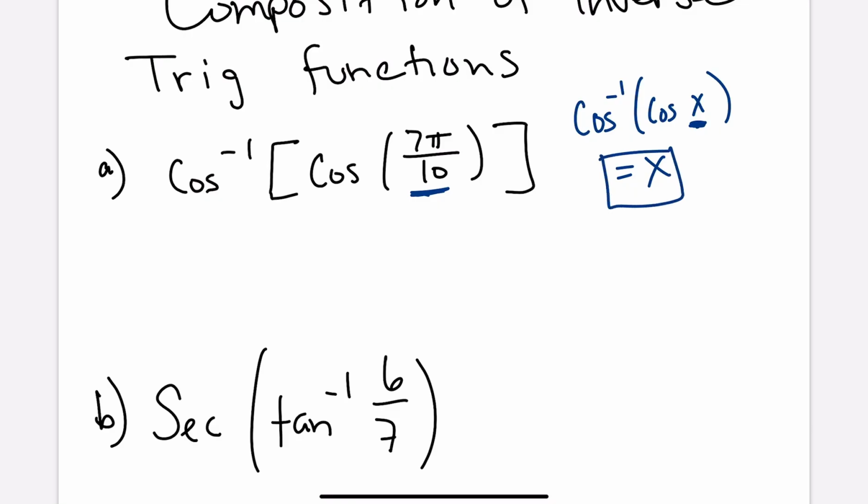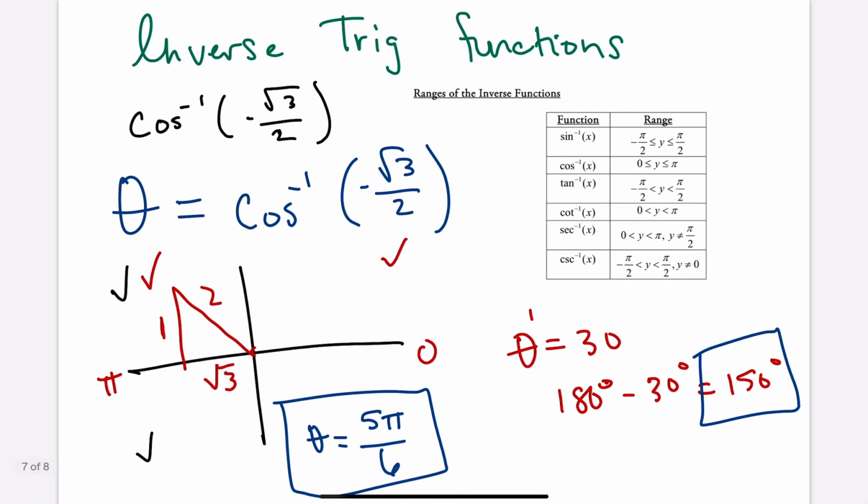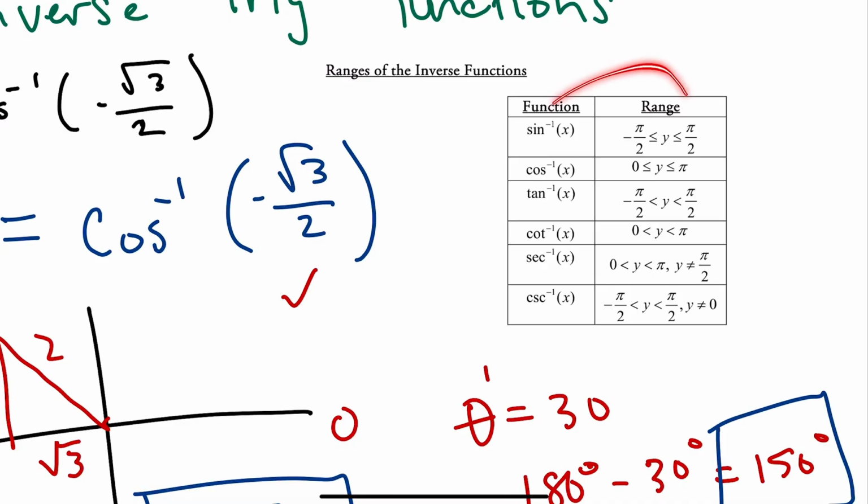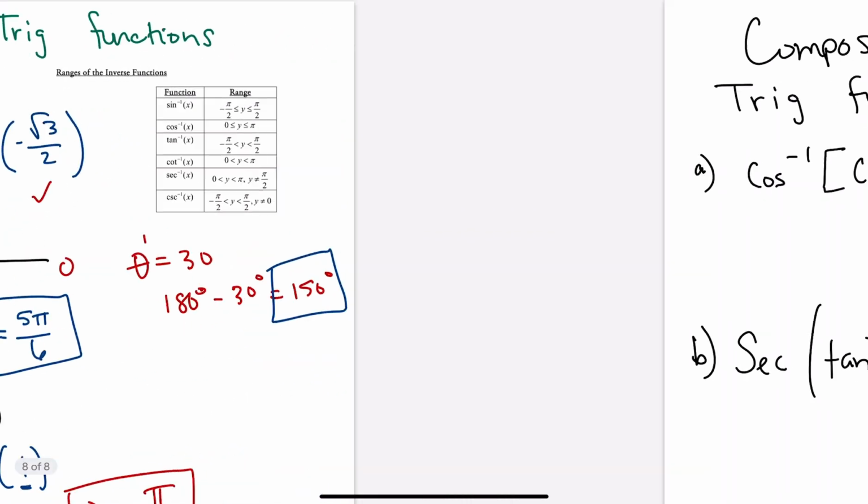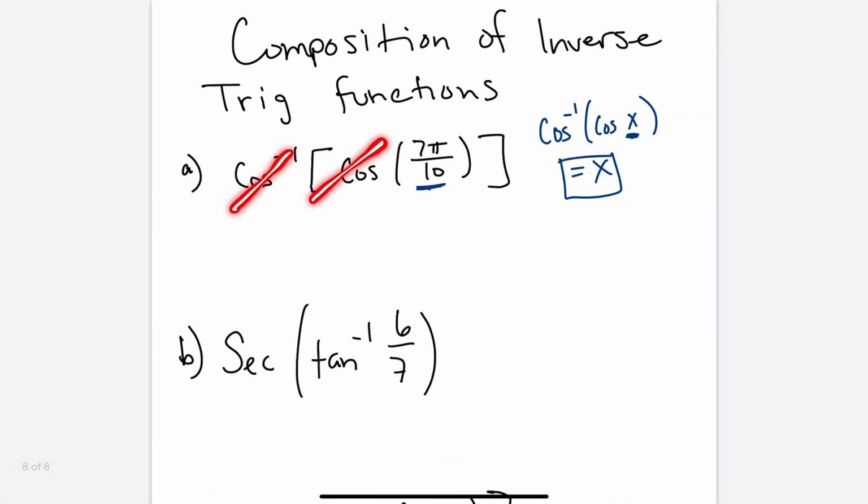And so you're saying, okay, my answer is 7 pi over 10. Well, why is it so easy? This goes back to the idea that if we're abiding by these rules, there's a trick where you could essentially cancel out these two functions, right? They're just inverses of each other. So you can think about cancellation.